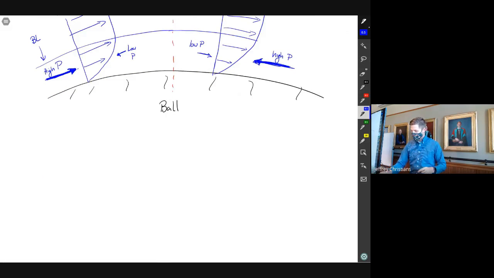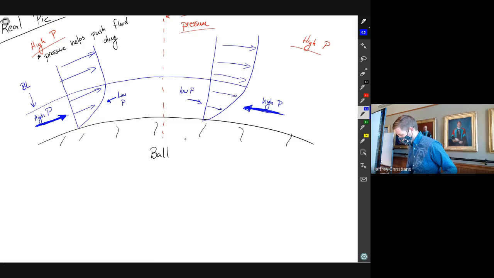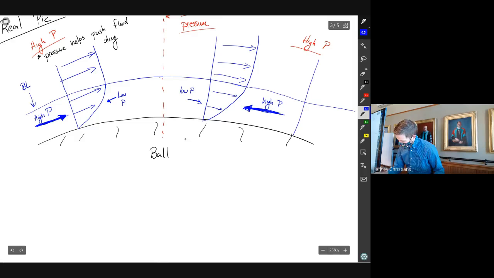So eventually we get to a point here where our flow looks like this, where we still have relatively low pressure pushing on the front and high pressure pushing on the back.